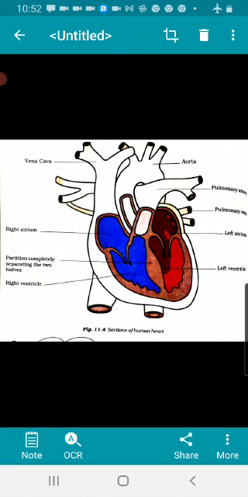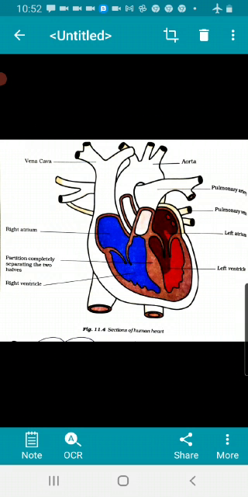You can see in the picture. The aorta is the main pipe which carries the pure blood from the heart to all other parts. These arteries supply oxygenated blood to all organs of the body. So thus the cycle is repeated.